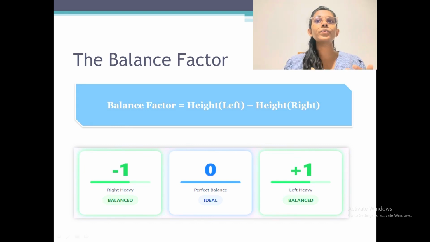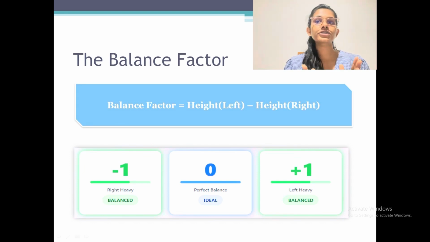Let me break down what each of these means. A balance factor of 0 means both subtrees have the same height, perfectly balanced. A balance factor of 1 means the left subtree is one level taller than the right. That is still acceptable.